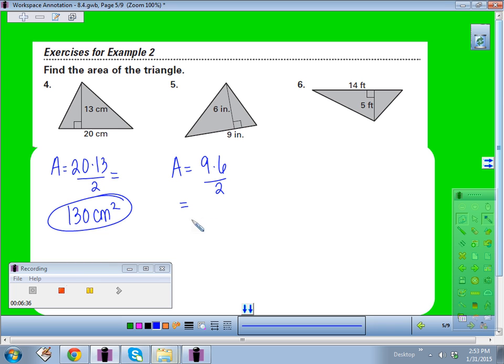And so we get an area of 27 square inches for number 5. Number 6, the same setup. 14 times 5 divided by 2. And when we simplify this, we get 35 square feet.